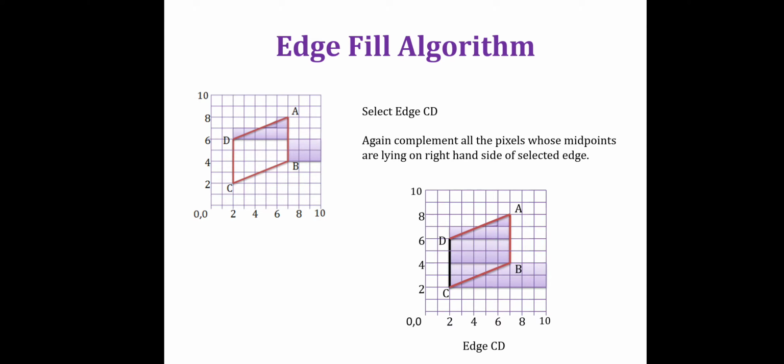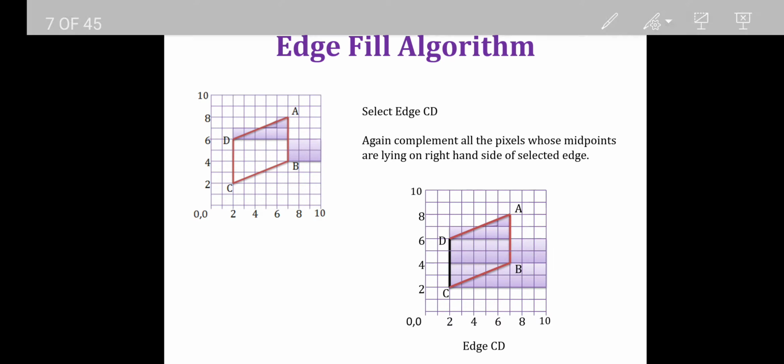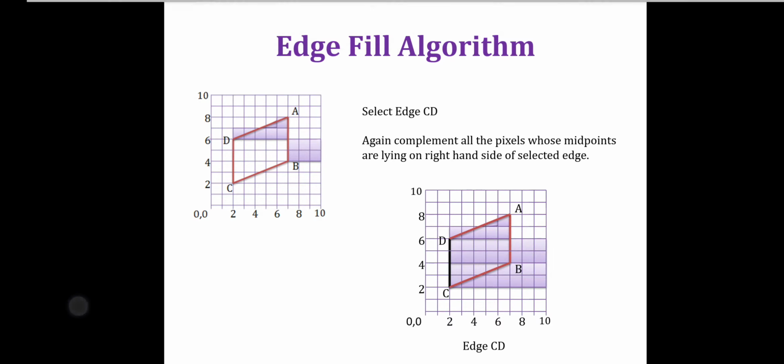So whenever I am going to fill this polygon by using the edge CD, I am filling from the right hand side of that line CD. At the same time, the pixels which were complemented before are complemented with the background color. So in this way we are filling a polygon. Here we are finished with filling the polygon with the line CD.